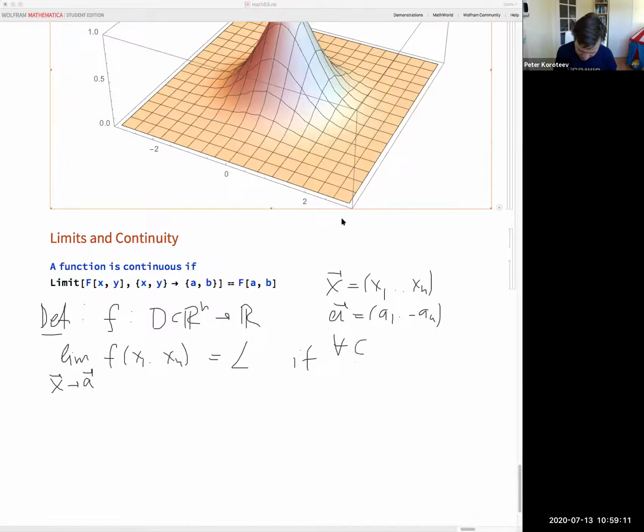We say it is equal to L if for every epsilon bigger than 0, there exists a corresponding delta bigger than 0, such that for every vector x inside the small disk that I drew, inside the small neighborhood, so for every x such that the distance from x to a is less than delta, we have that f of x minus f of a is less than epsilon.